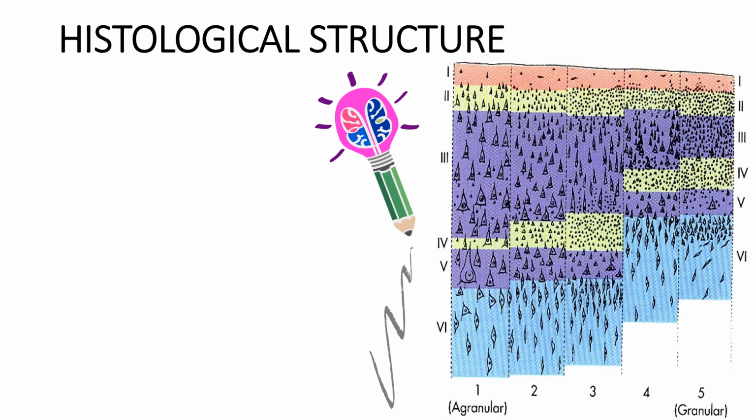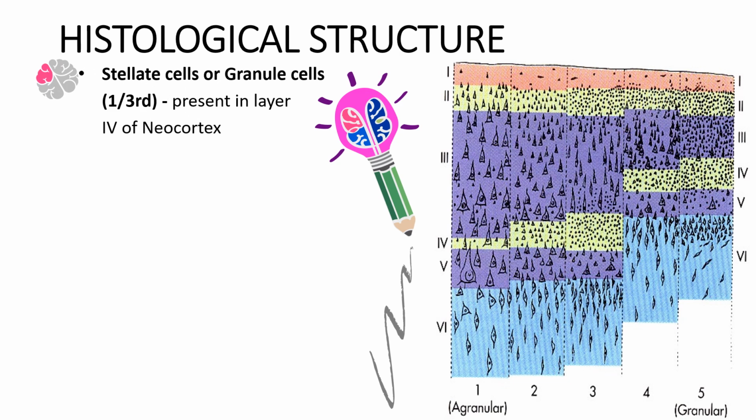Histologically, the cerebral cortex is made up of nerve cells and fibers. There are three types of cells which are identified in the cerebral cortex. The first one is the stellate cell or the granule cell. These cells form about one third of the total neurons present in the cerebral cortex.